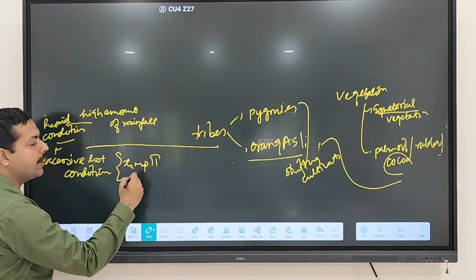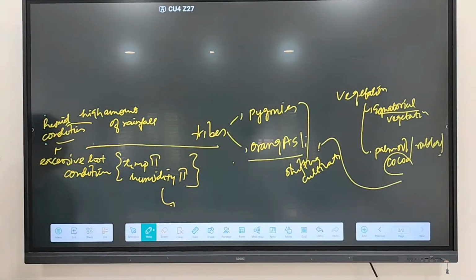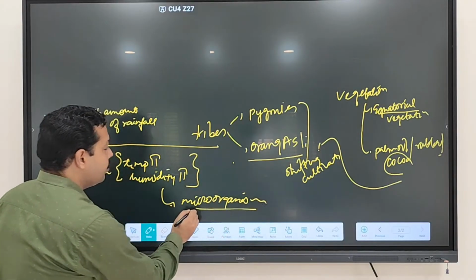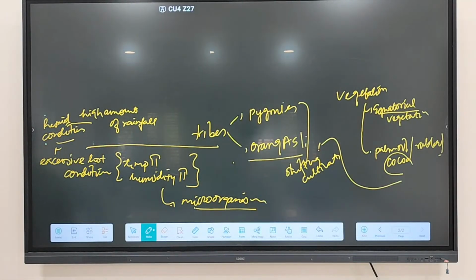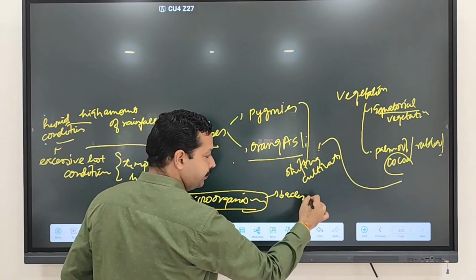So if the temperature is high and humidity is high, what is the phenomenon that you are going to see? This condition is conducive to the growth of microorganisms, like bacteria and viruses. Clear?